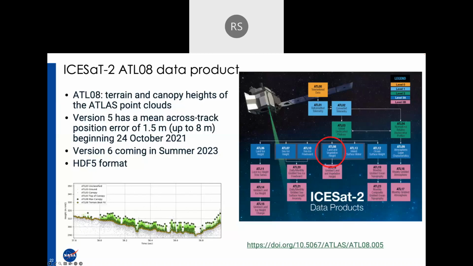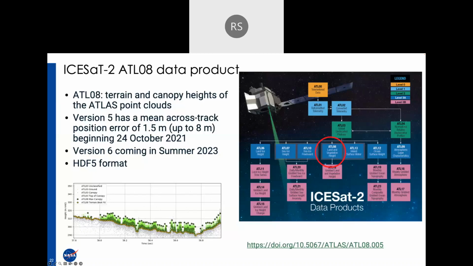ATL03 provides the heights of each photon, and ATL08 algorithms separate these photons into noise, vegetation, and ground. As shown in the chart here at the bottom, ICESat-2 photons are really noisy, and successfully retrieving ground and vegetation signals from these noisy photons requires a sophisticated approach, such as the one applied by ATL08 algorithms.